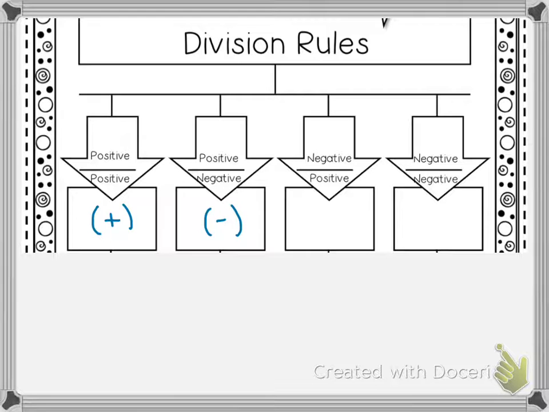So what do you think a negative number divided by a positive one will be? Also negative. Now I have 2 negative numbers. When I multiply 2 negative numbers, I get a positive. Knowing that multiplication and division are just inverses of each other, they're just the opposite, a negative divided by a negative is also going to be a positive.